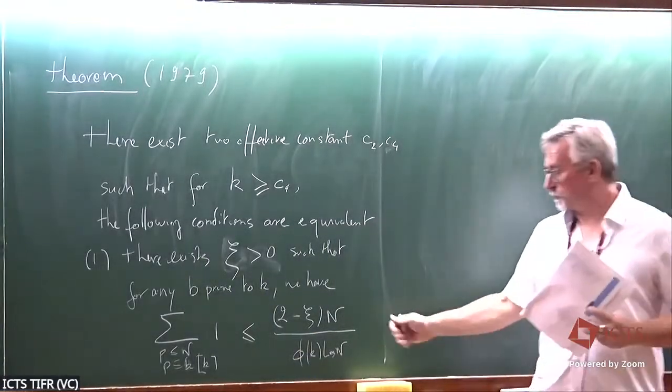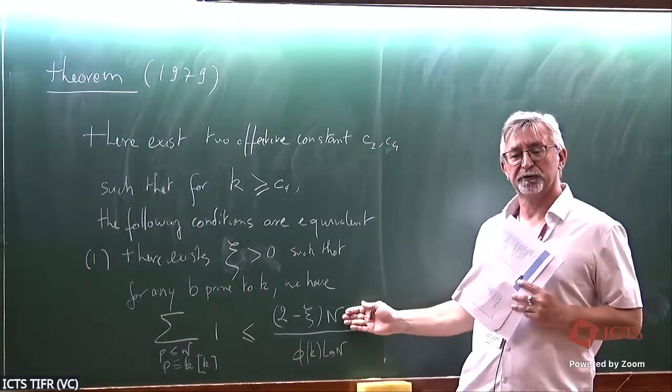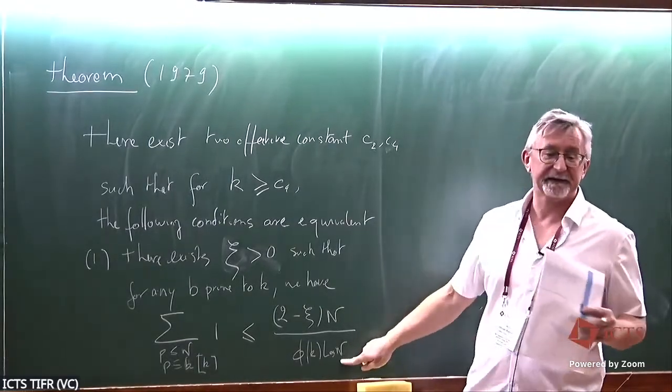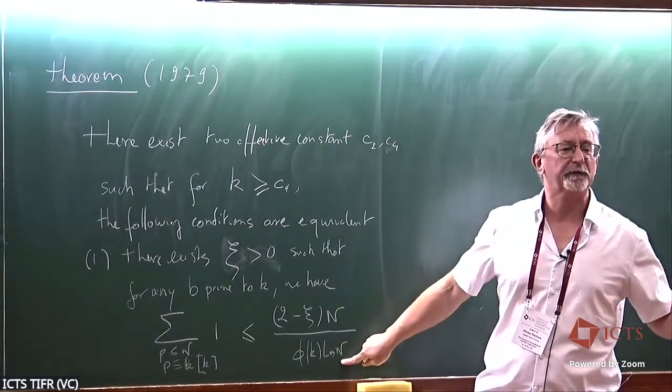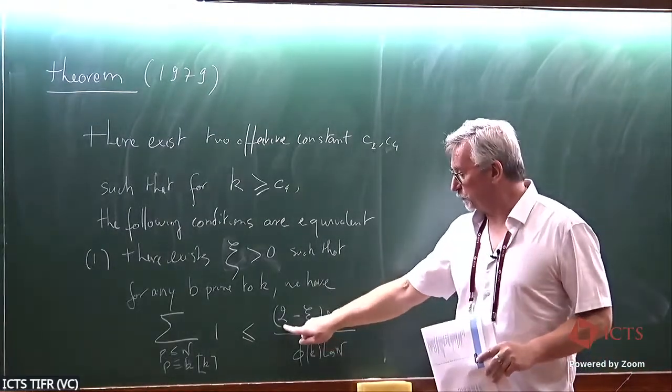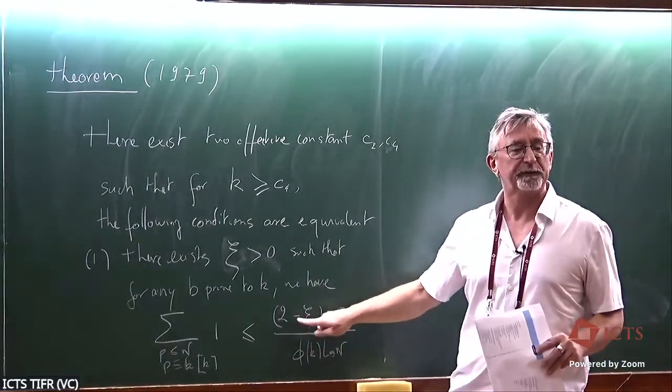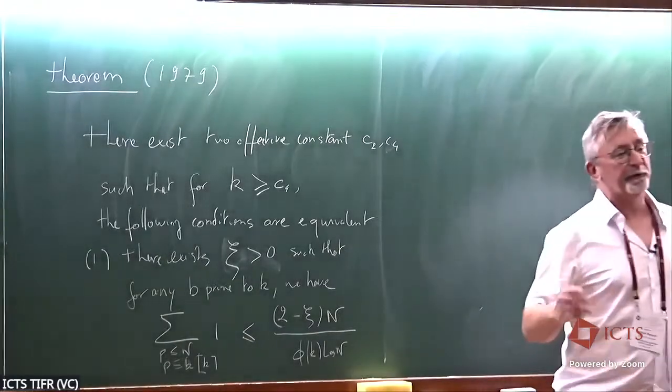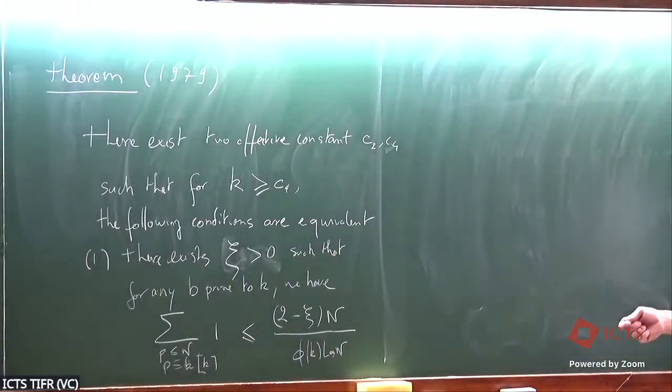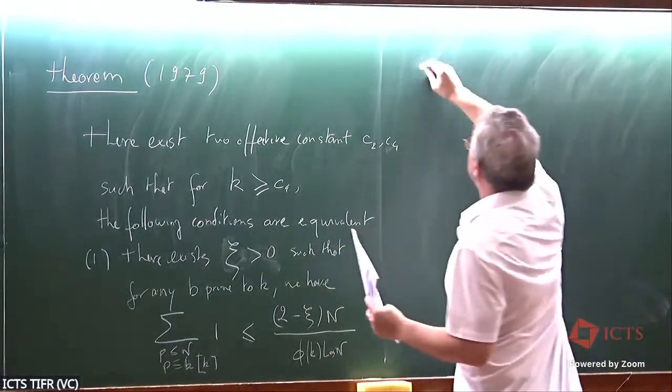So meaning that you beat Brun-Titchmarsh without the log K, because in fact K is less than some power of log. 2 minus psi, you beat the factor 2 by something. So you prove 1.99 and 2.